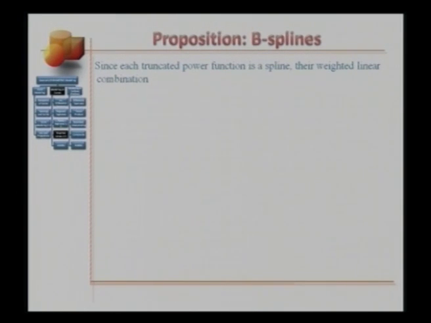Since each truncated power function is a spline, it is natural that their weighted linear combination, which is summation r going from 0 to n alpha r times tr minus t truncated raised to m minus 1, which we call psi of t, is also a spline of order m.